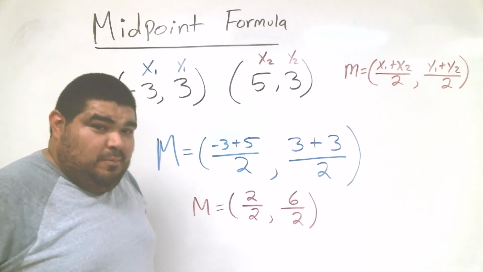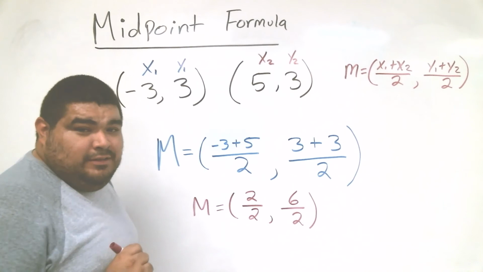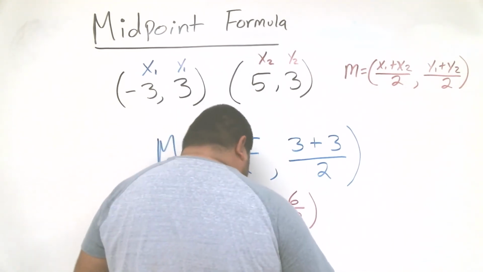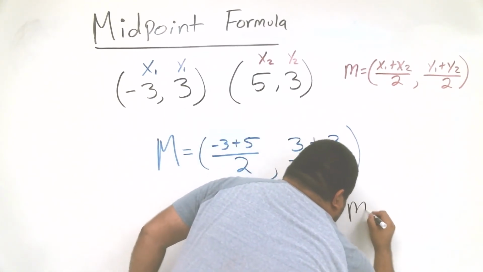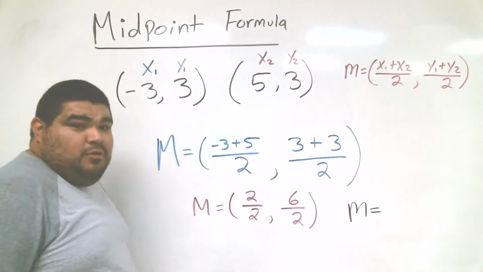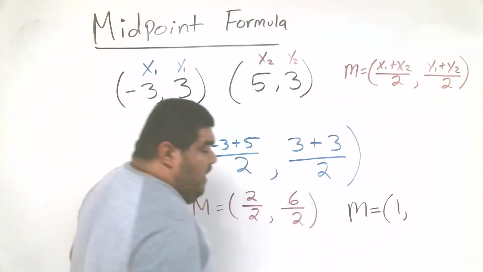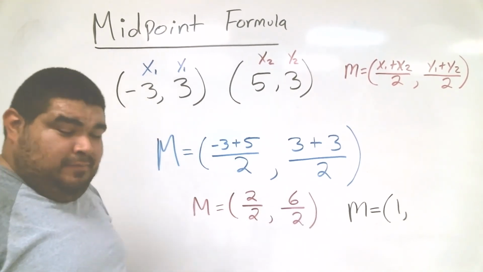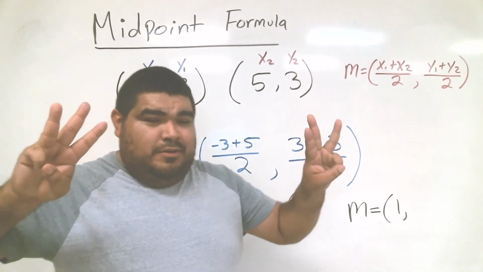Can we reduce them? Yes, we can, right? 2 can go into 2 one time. Let's do another color. This way we don't get confused. So we have m equals 2 can go into 2 one time, right? So 1, comma, 2 can go into 6 how many times? Remember, we have 3 and then 3, right?